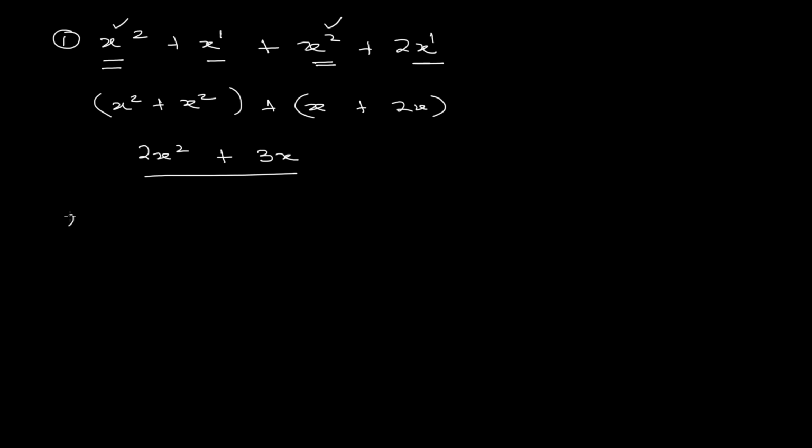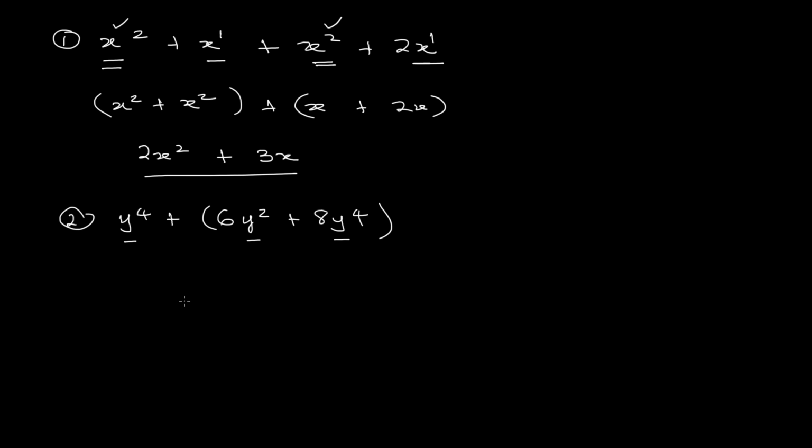Then we look at the second expression. So we have y to the 4 plus 6y squared plus 8y to the 4, like that. Again, here we check: do we have the same variables?